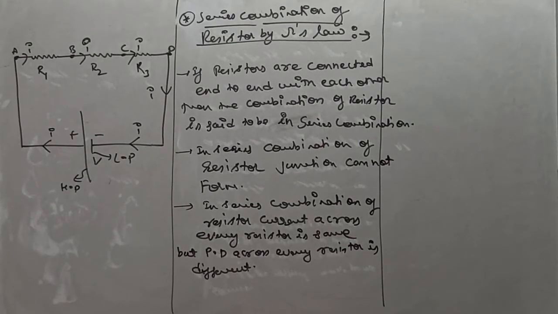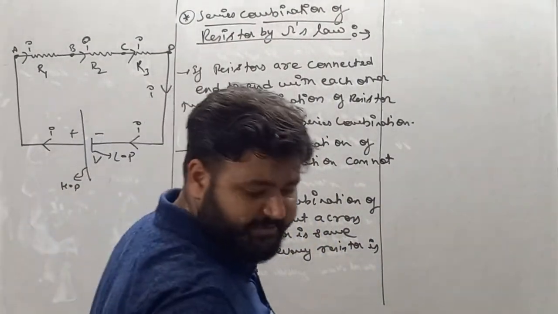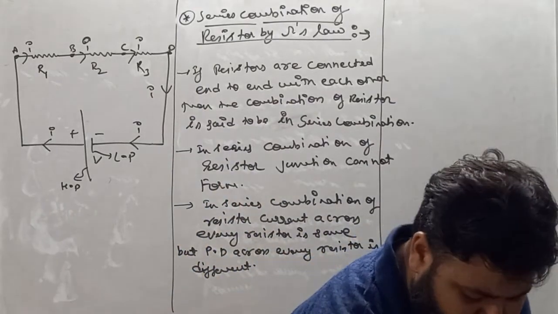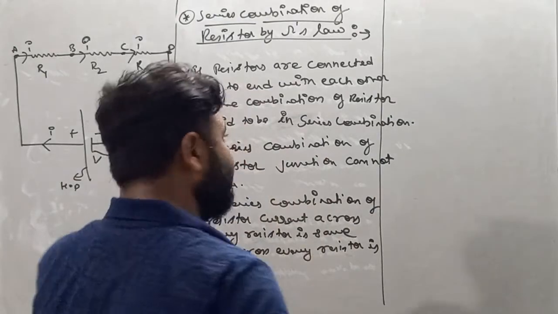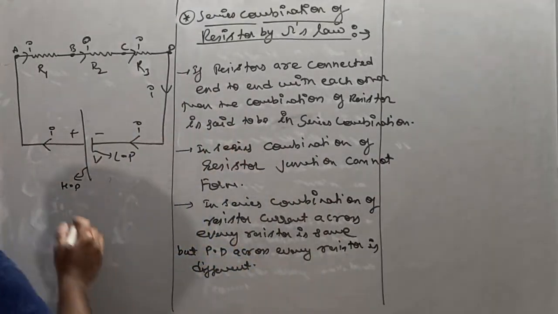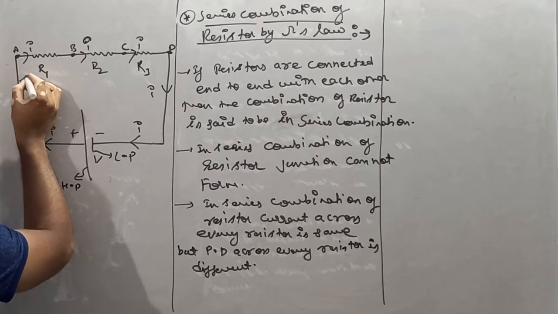Full stop. Write down the second point: for flow of current between 2 points, there must be some potential difference across the points.